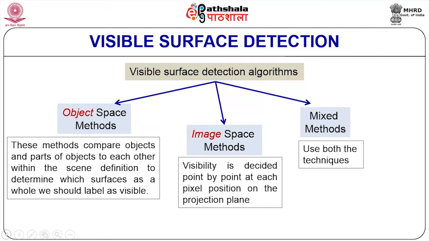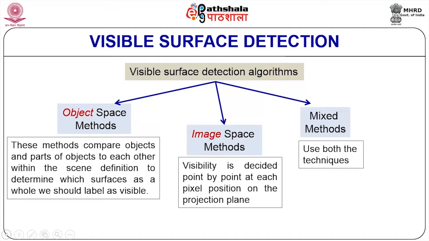We check which face should actually be plotted on the 2D plane. So, the image space methods rely on this technique. Mixed methods use a part of the comparison in the object space and a part in the image space.